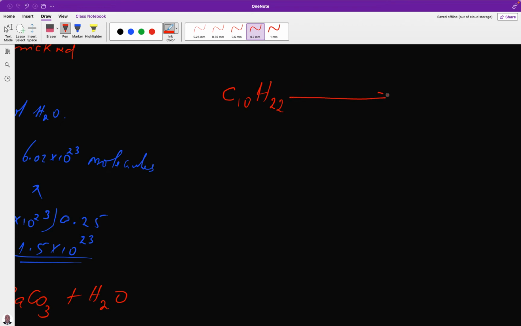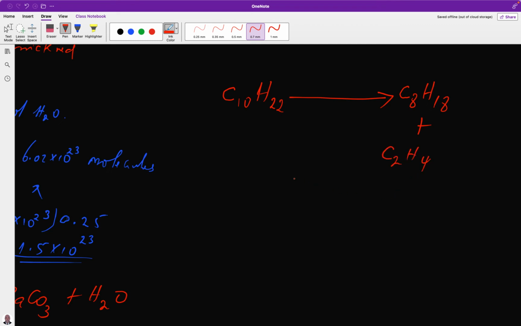Now it will undergo a particular reaction to produce octane, which is C8H18, plus ethene, C2H4.